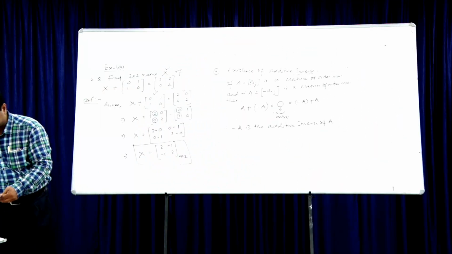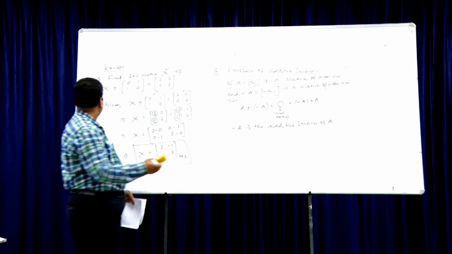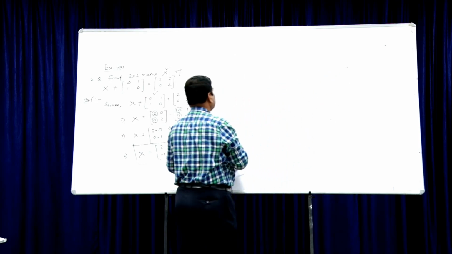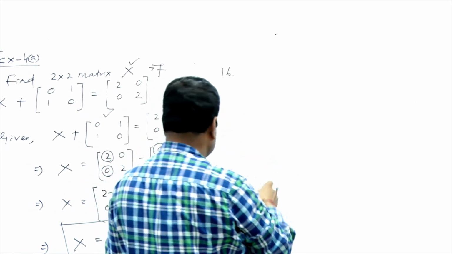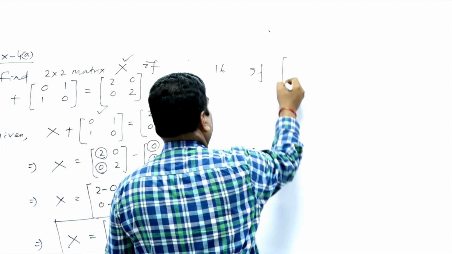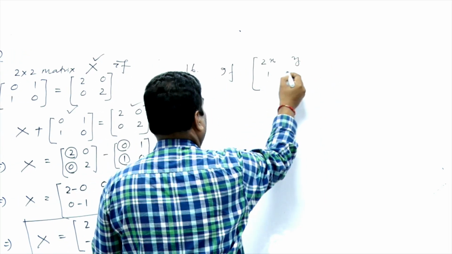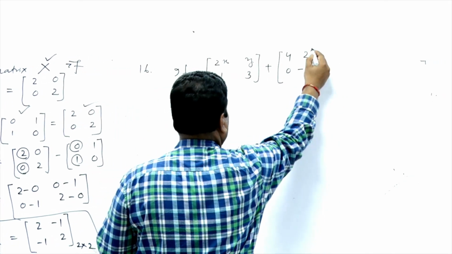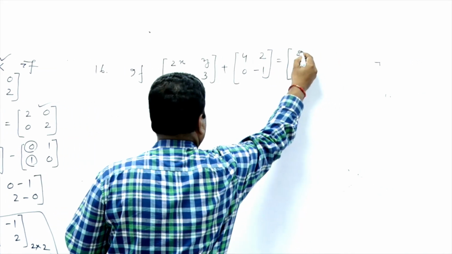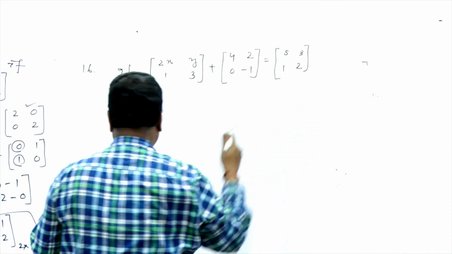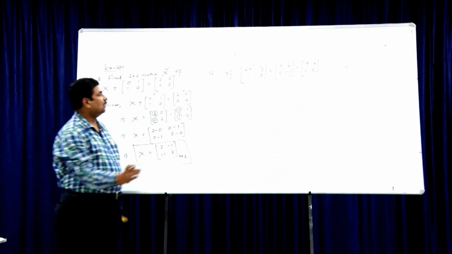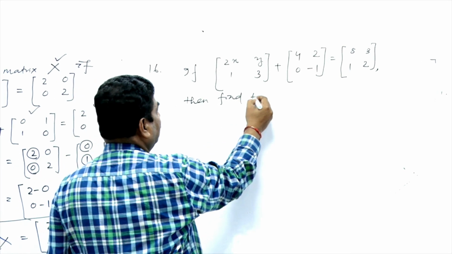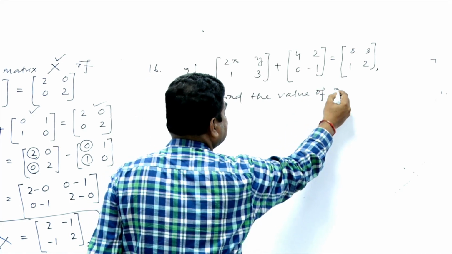Next, exercise question number 16: if the matrix [2x y; 1 3] plus [4 2; 0 -1] is equal to [8 3; 1 2], we have to find the values of x and y.